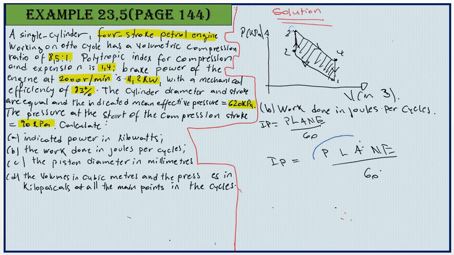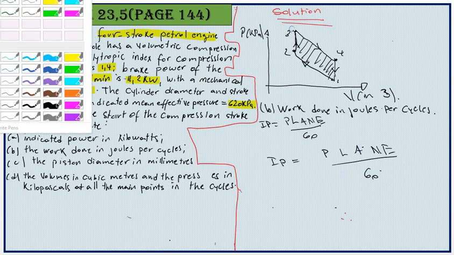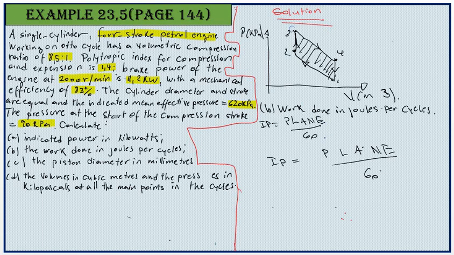The work done per cycle is all of this. So take everything except N and 60.